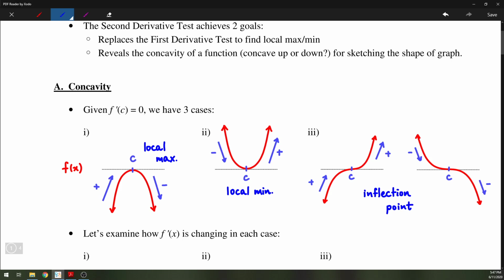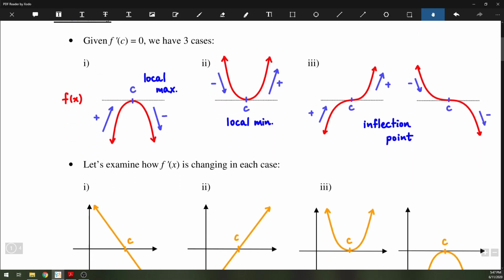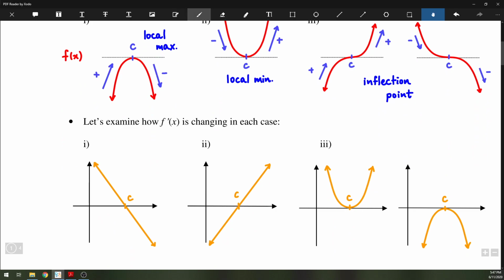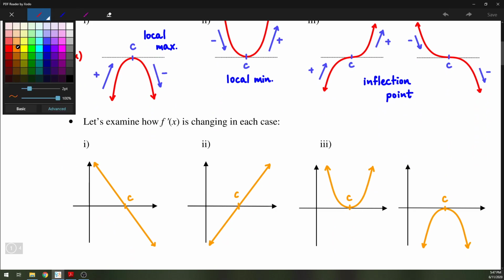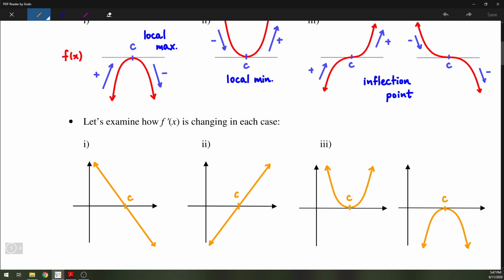Okay, let's look at the derivative of each one of the three cases. In orange here, we have the different derivatives of f of x. As you can see on the left-hand side of the first graph, the slopes of the tangent line will be positive, so the derivative at those points is positive.